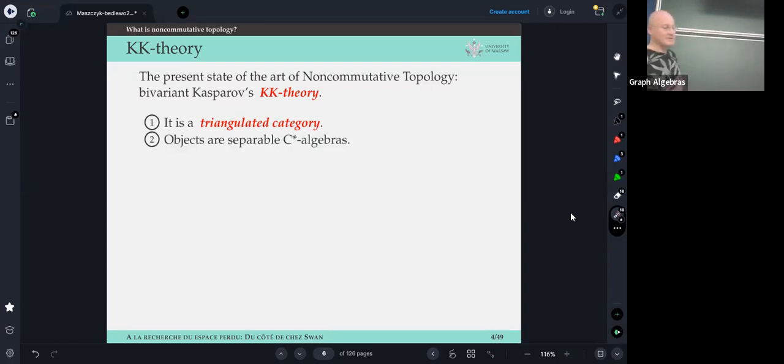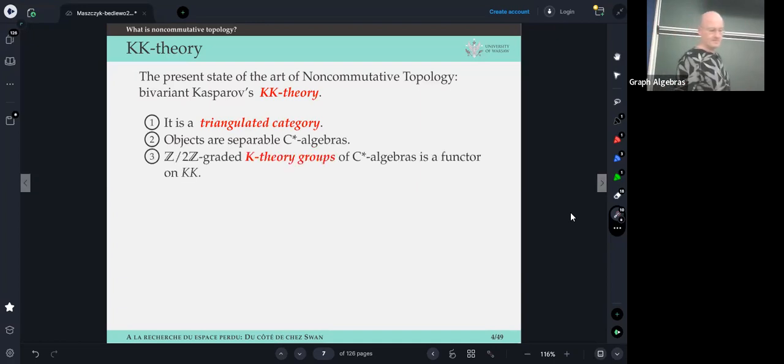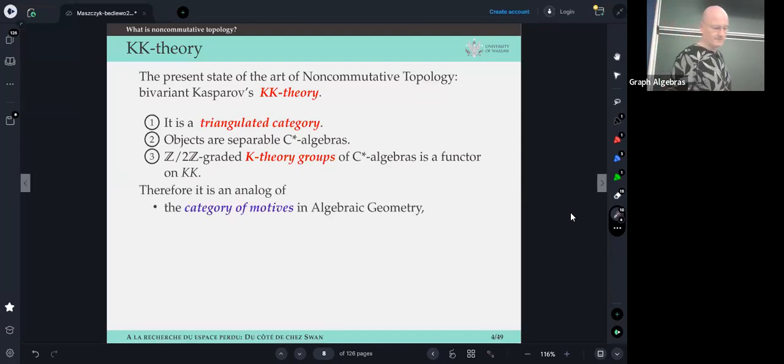Objects are separable C*-algebras, and for them we can compute Z2-graded K-theory groups, making this construction a functor on this category.